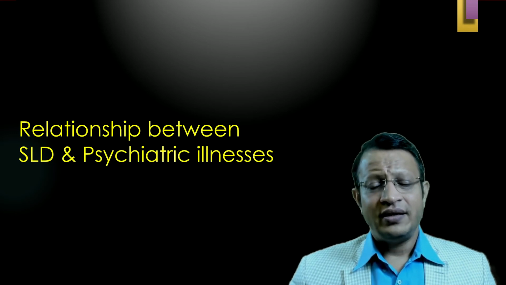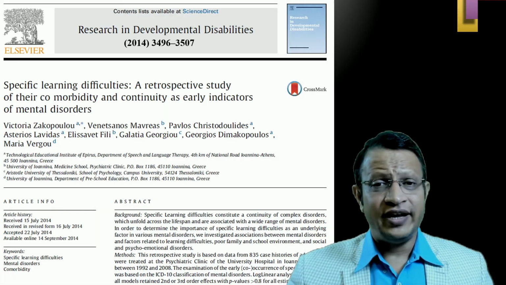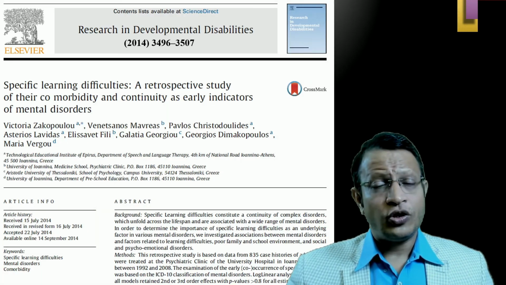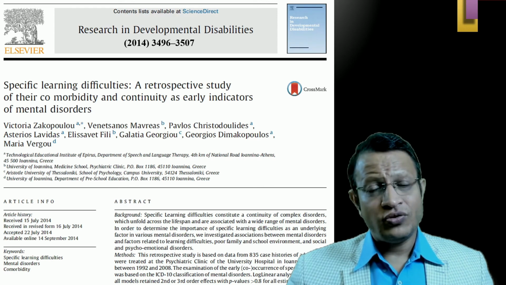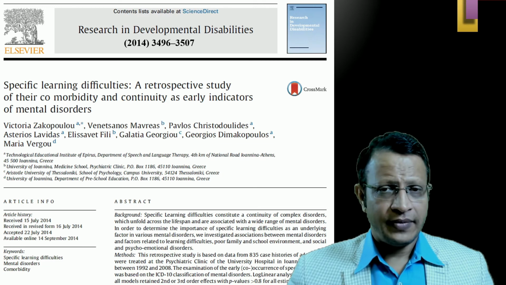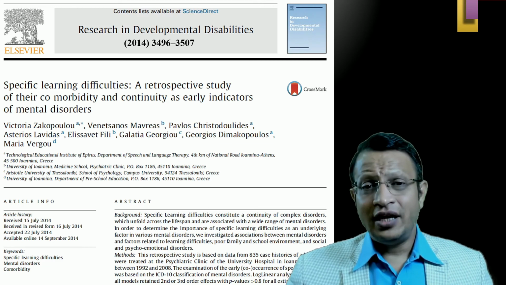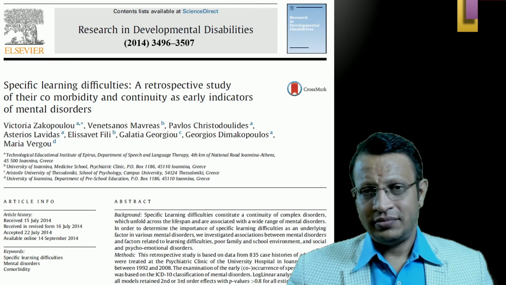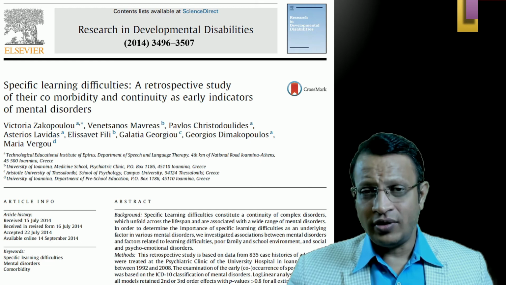Let's understand the relationship between SLD and psychiatric illness. There was a study done in Greece. This was a retrospective study of 835 cases who were diagnosed as SLD in their childhood, and also had some co-occurring mental illness. They looked into their outcome and came up with this hypothesis, Victoria and his colleagues.